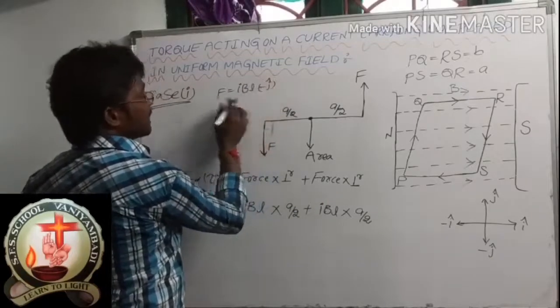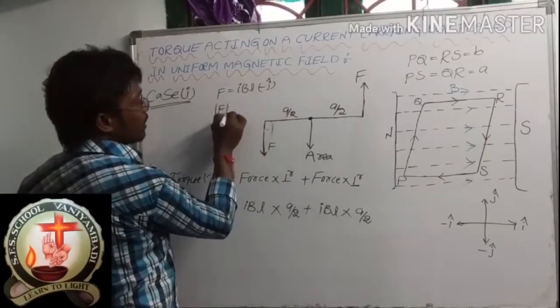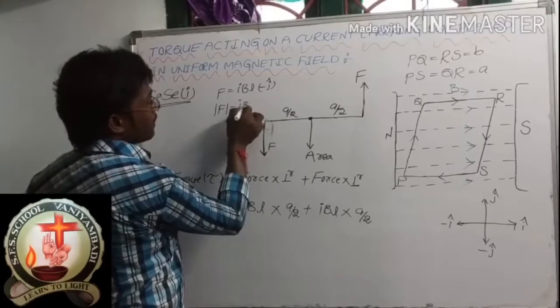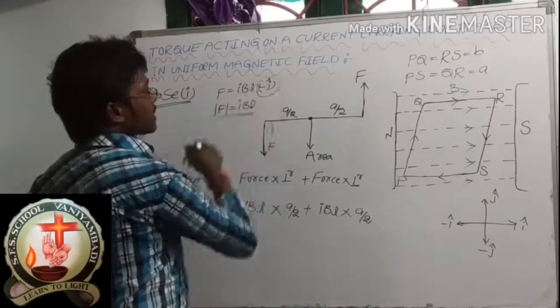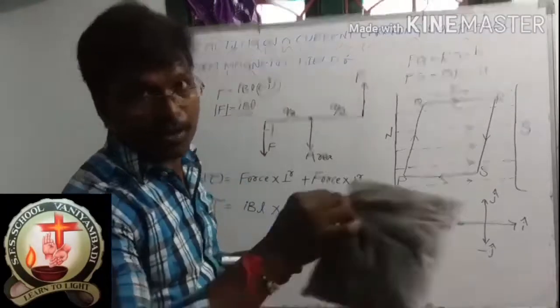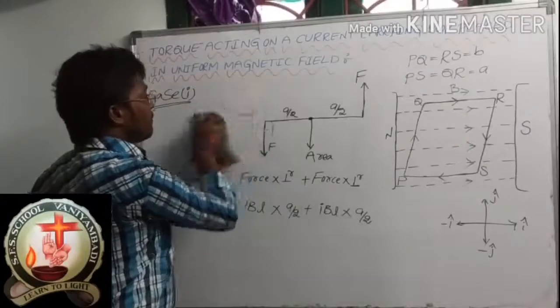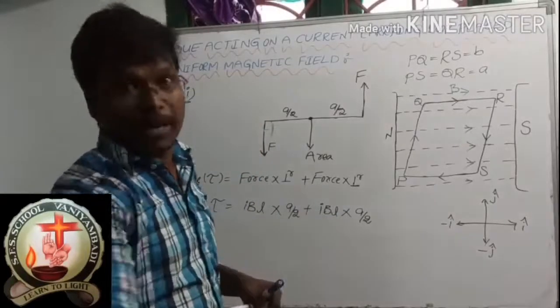That means this is a force, but we are considering only the magnitude. Magnitude means mod. So IBL, this only. We won't consider this direction. Remember that point. So here tau is equal to IBL into A by 2 plus IBL into A by 2.